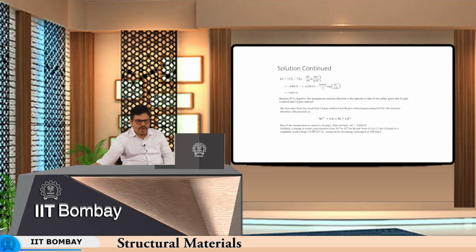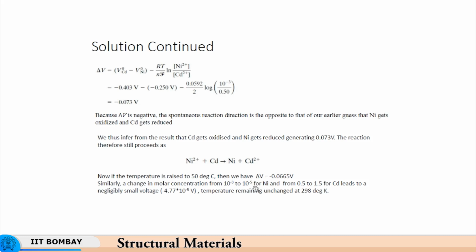So, if you change the molar concentration for nickel from 10 to the power minus 3 to 10 to the power minus 5, let us say you make the nickel concentration much thinner, and then we make cadmium concentration from 0.5 to 1.5 molar. So, 10 to the power minus 5 moles for nickel and 1.5 moles for cadmium, it leads to a negligibly small voltage of minus 4.77 into 10 to the power minus 5 volts.